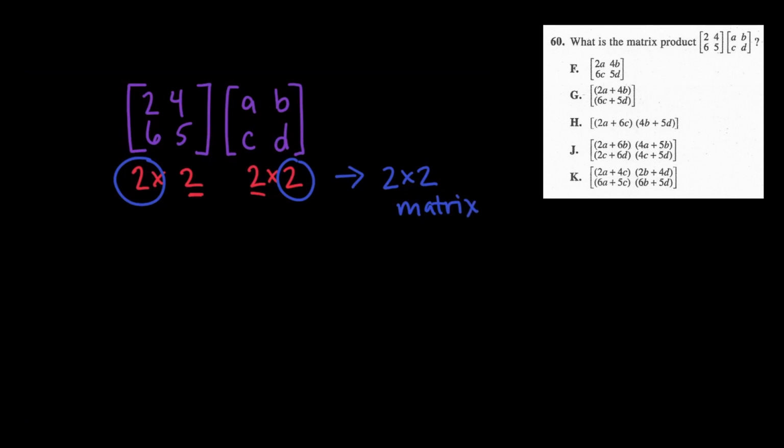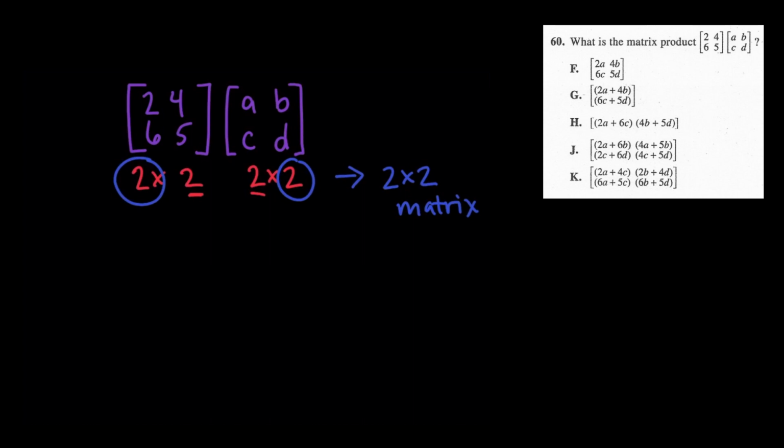So right off the bat, which ones can we eliminate? We can eliminate G, because G is a 2 row by 1 column matrix, and we can eliminate H because H is a 1 row by 2 column matrix. So our only options left are F, J, or K.